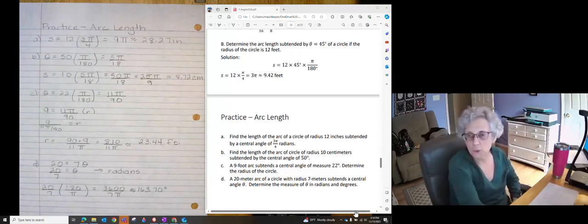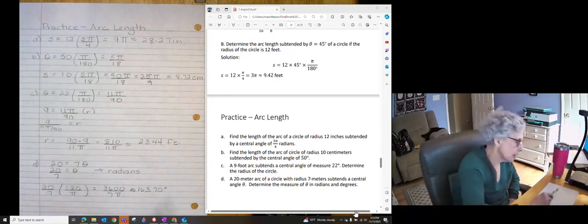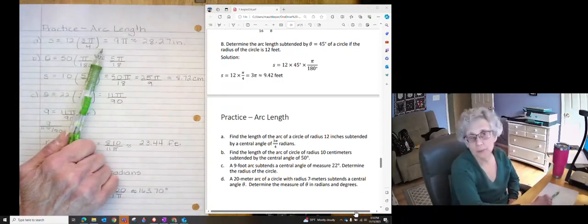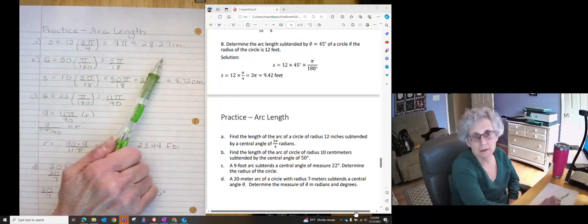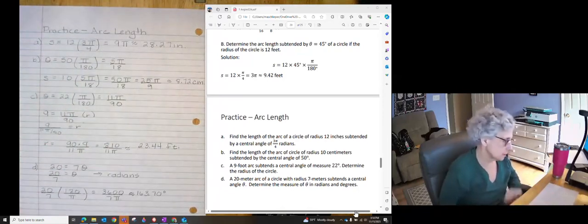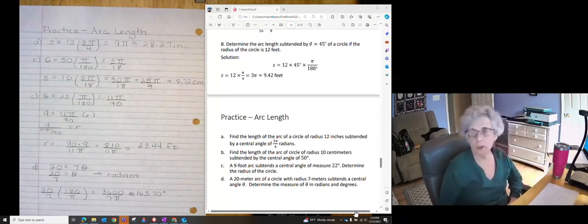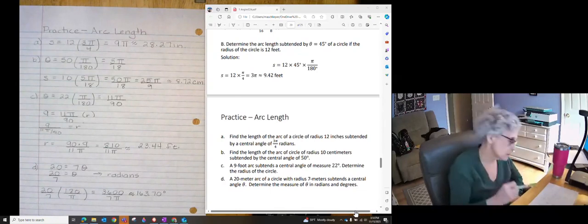First one was pretty straightforward. You just needed to find the length of the arc length, with radius 12 inches, and the angle was 3 pi over 4, multiply, and I did get the estimate, the decimal approximation. So the next one was another one that was fairly simple. You just needed to convert from degrees to radians.